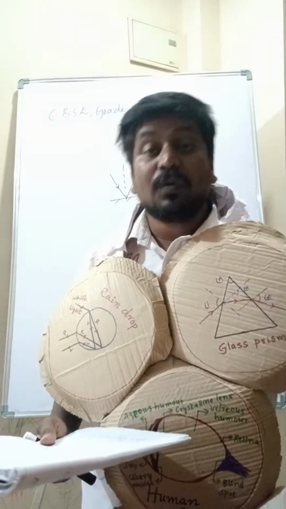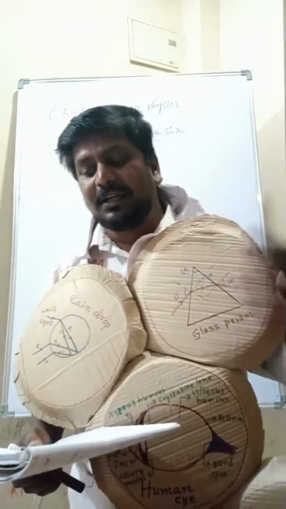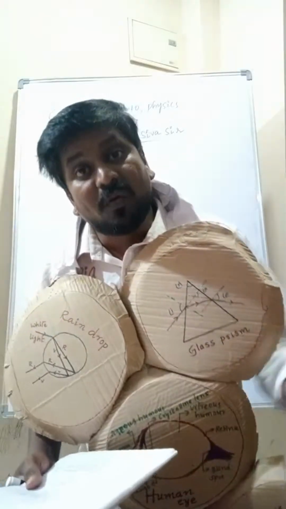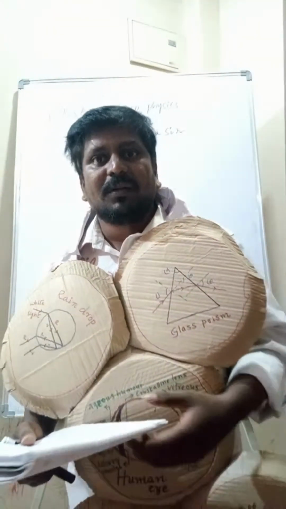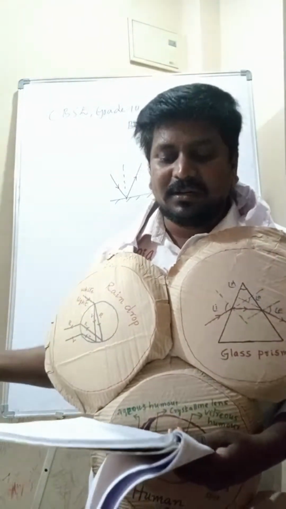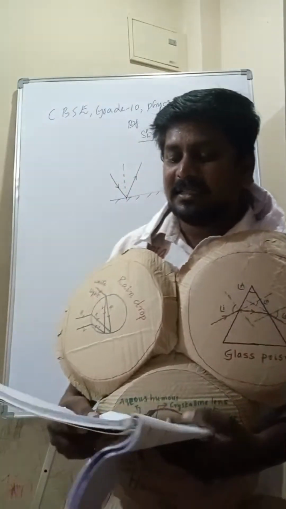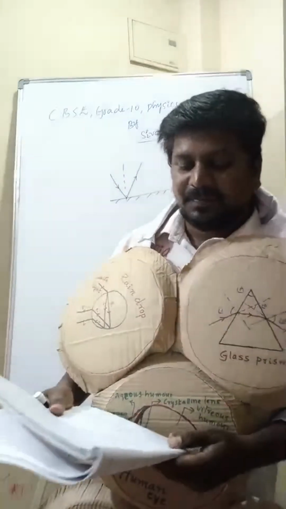We can consider the sun, stars, glowworms as natural sources of light.